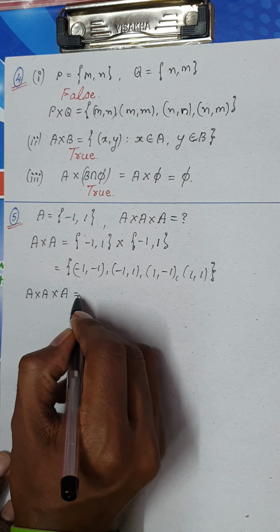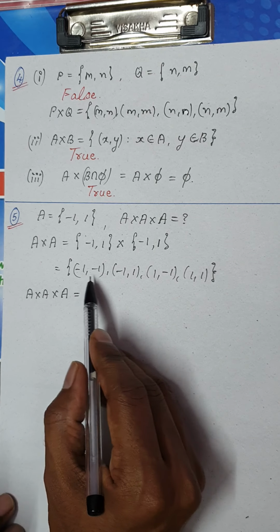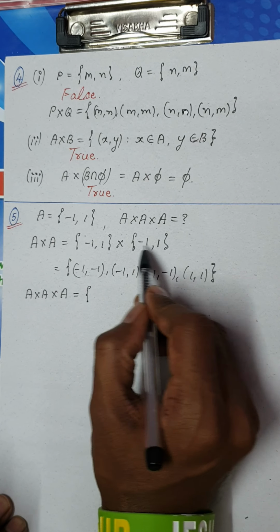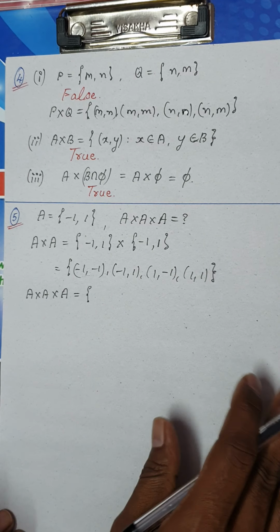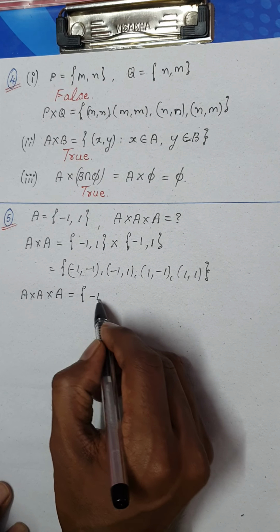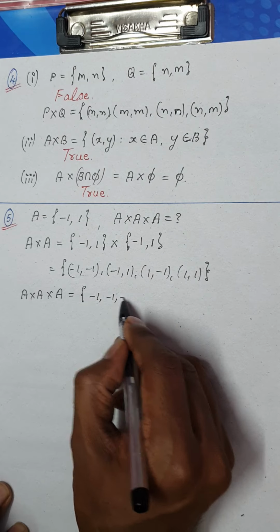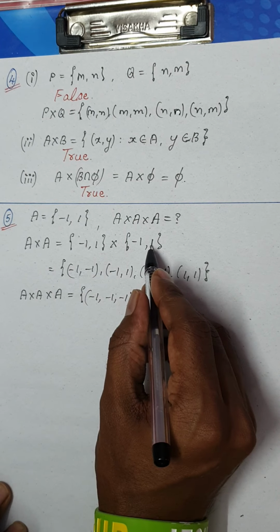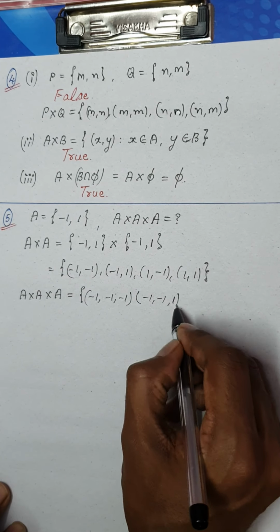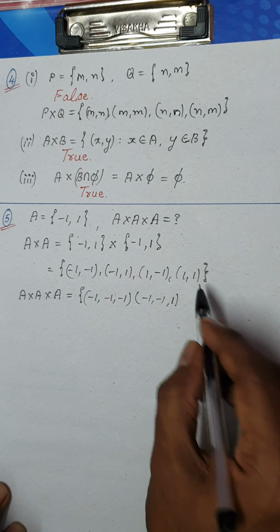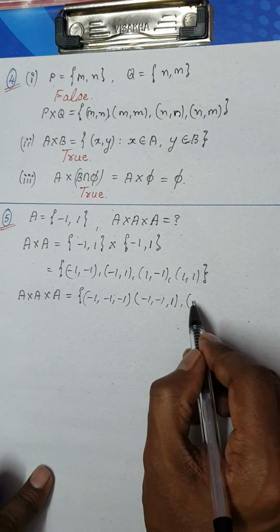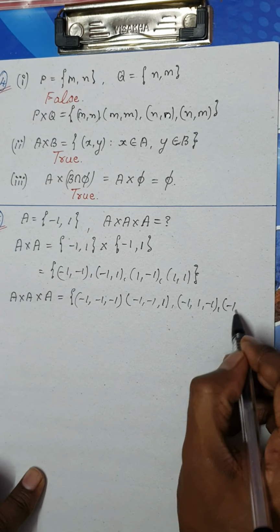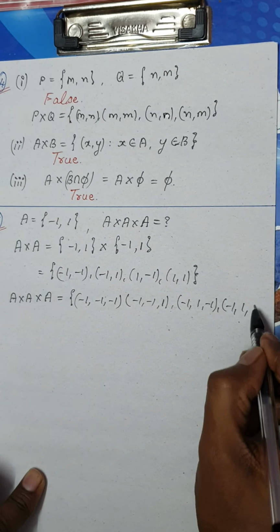This is what I want. Remember, it's a triple product, so you have to take each ordered pair and pair it with the same set A. Please be careful how you are going to do this. Take (-1, -1) paired with -1, and (-1, -1) paired with 1, so this term is over. Let's go to the next one: (-1, 1) paired with -1, similarly (-1, 1) paired with 1.